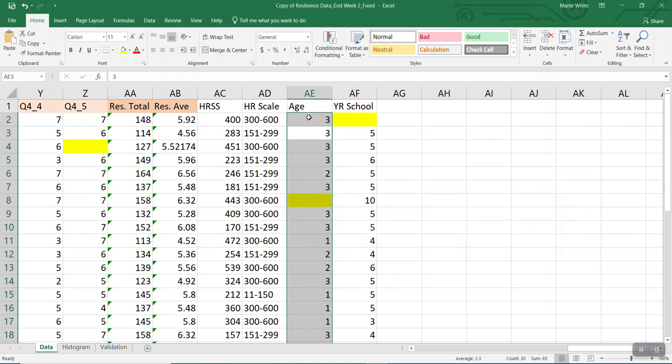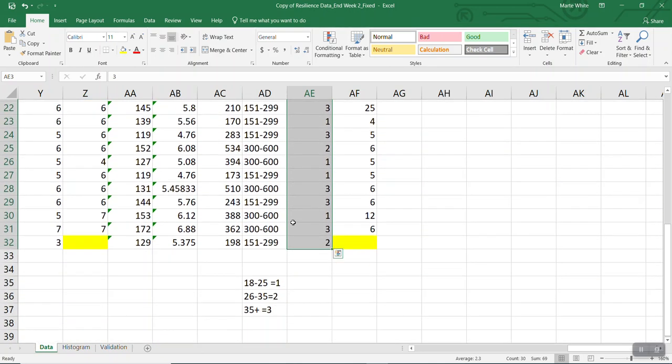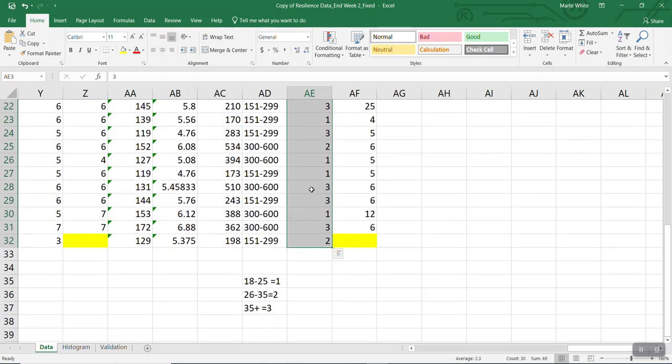Close. Now we have the ages coded, which makes it easier for data analysis. It's hard to do data analysis with 35 plus and when they're in these little bins like that. But we'll remember these.